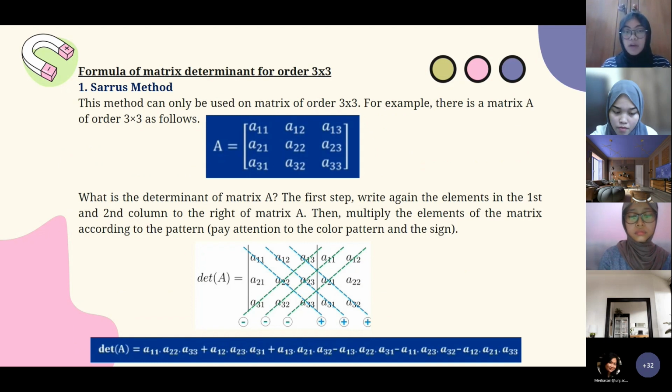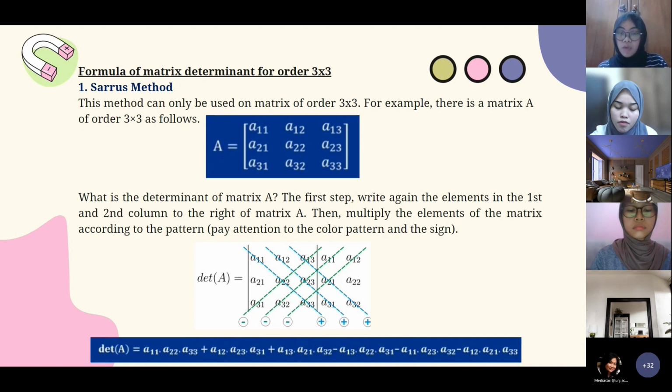Formula of matrix determinant for order 3 by 3. First, Sarrus method. This method can only be used on a matrix of order 3 by 3. For example, there is a matrix A of order 3 by 3 as follows. What is the determinant of matrix A?